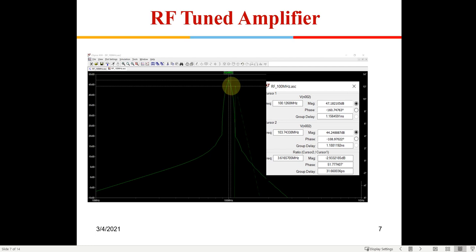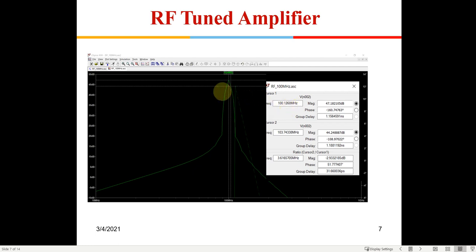In any commercial application, different channels will be allotted at a spacing of only 25 kilohertz, right? If I have one frequency at 100 megahertz, there will be another radio station at 100.025 megahertz, and one more channel at 100.050 megahertz, and similarly at 99.975 megahertz.